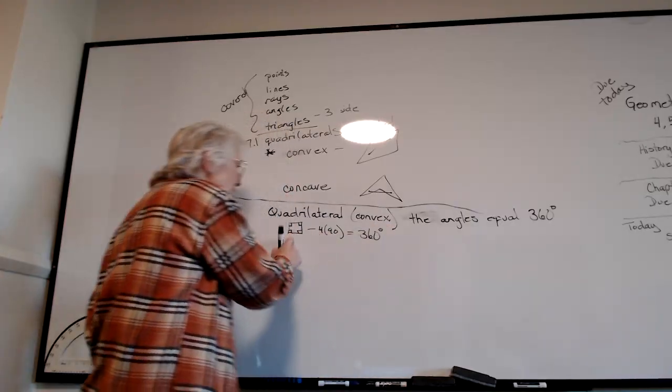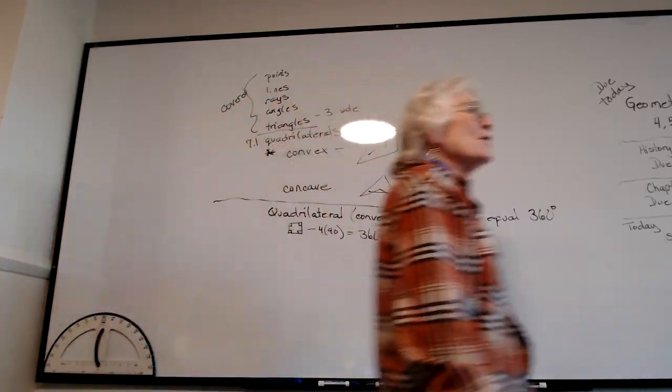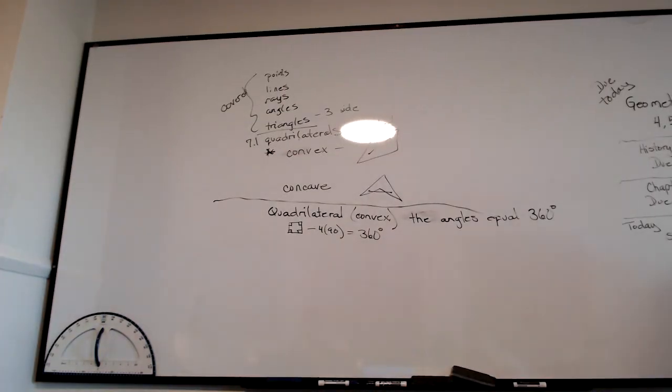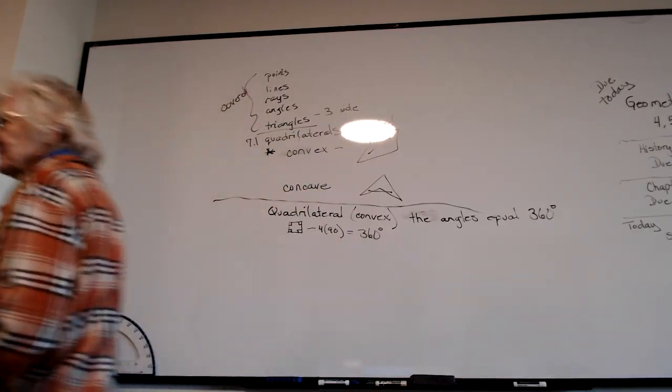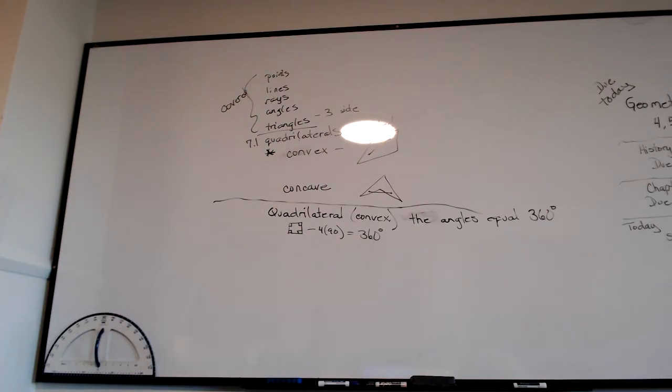So if you don't remember, just draw the basic square or rectangle and you will know what it always adds up to be. All of them add up to that as long as they're convex. Okay? The other ones do not add up to 360 degrees, because you've got that concave part in there. So those are some things that we can have.